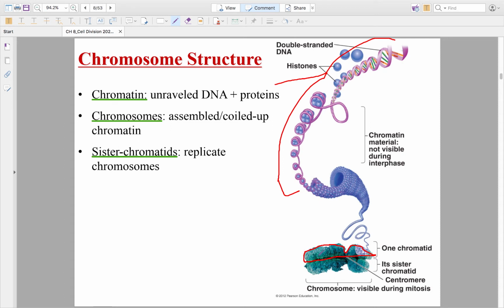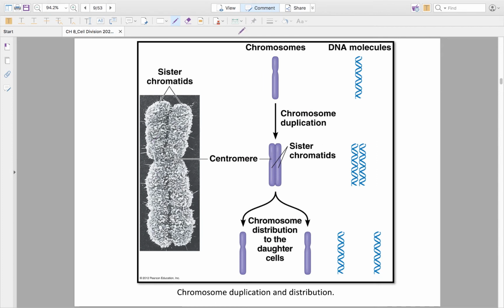Once it's copied itself and made a complete duplicate of itself, that is called a sister chromatid. It's a replicate chromosome. In other words, every chromosome that you have is going to be copied. On top of being duplicated, it's also held together with a protein called the centromere.